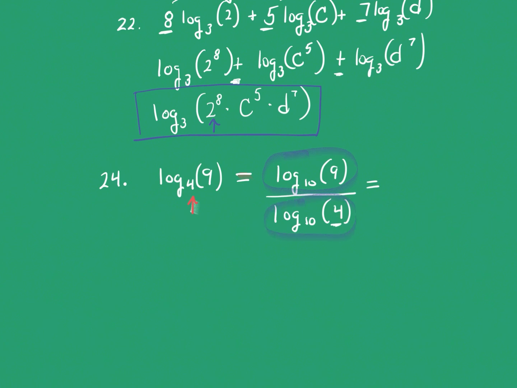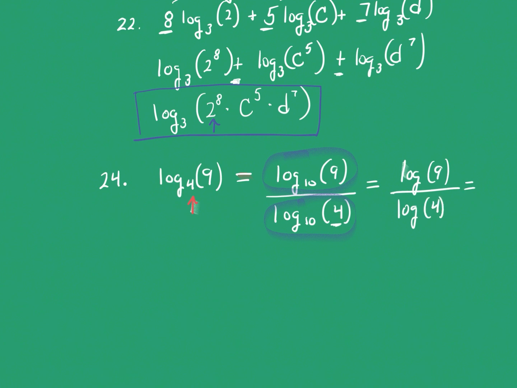Again, we don't write the log 10. So in your calculator, you'll just do log of 9 over log of 4, and the 10 is assumed.